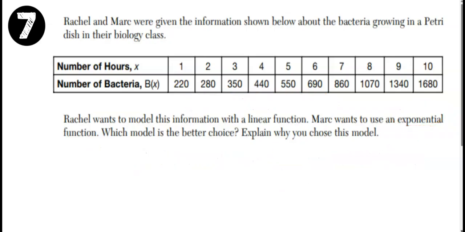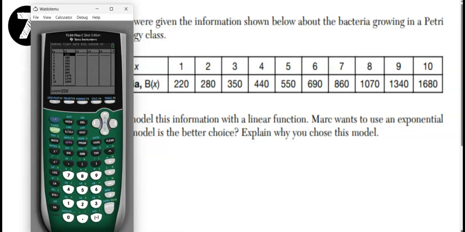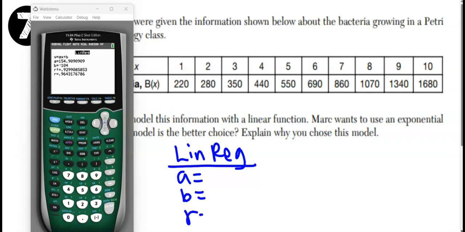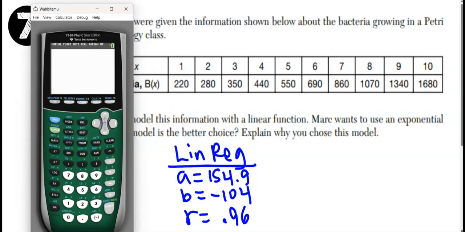Another response that is often given is when students type the information into their TI-84 stat edit button and then calculate both the linear regression, number 4, and then write on their paper what they see. Lin reg, you can write the A value, you can write the B value, you can write the R value. And then you do the same for exponential regression.